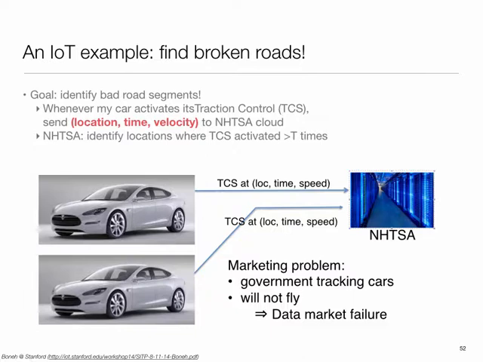The problem with this is that, A, we have a government agency tracking the car. Secondly, there are some privacy implications. So could we do things where the computation of what are the locations where there is a bad road segment can happen without an individual car being tracked?